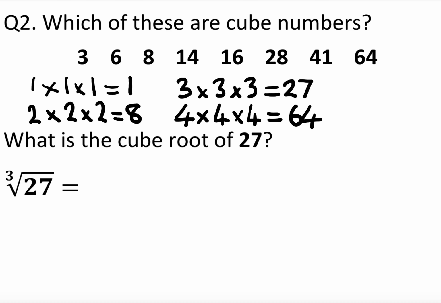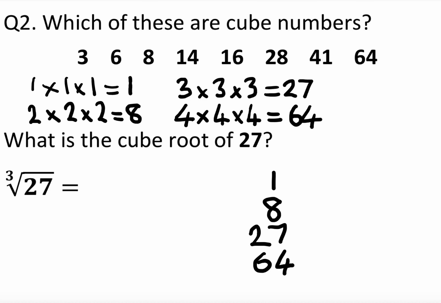We've got cube numbers of 1, 8, 27 and 64. Now, as you can see, our list at the top goes from 3, the lowest number, to the highest number of 64.